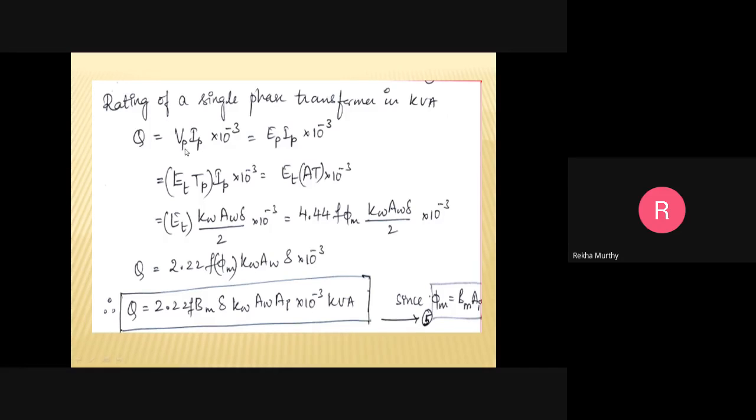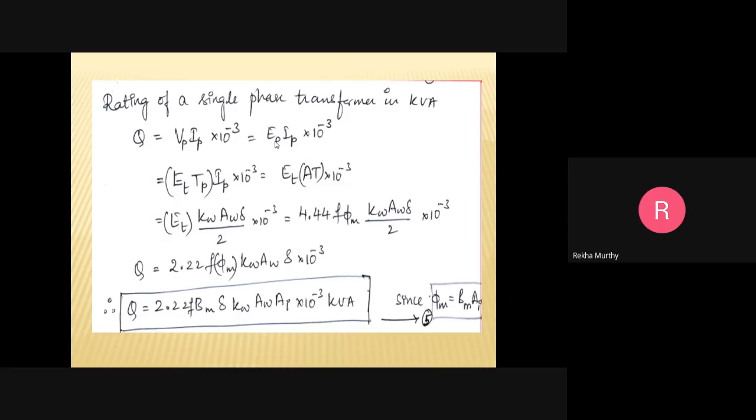Now when you take the primary winding, primary voltage and primary current, you have to just denote the suffix. Whatever the voltage VP is there, the same EMF will be induced, so we are considering both voltages as equal. This is for the ideal case, you all know that. So V is equal to E. That is EP into IP into 10 to the power of minus 3.